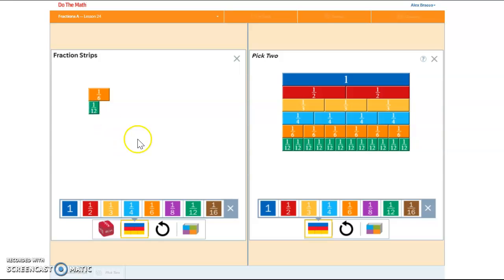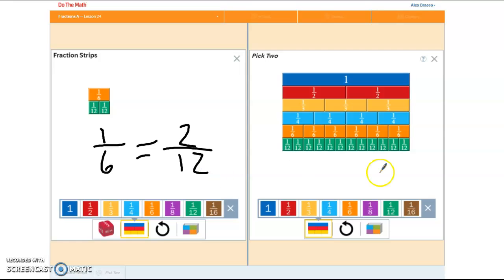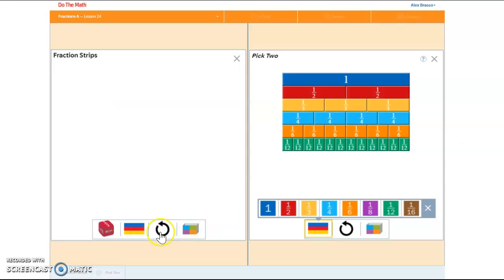Well, 1/12 is not equivalent, but make it 2/12 and you've got an equivalent fraction. So we can say 1/6 is equal to 2/12. Okay? So you can write that down in the first box for number 1, that 1/6 is equal to 2/12.